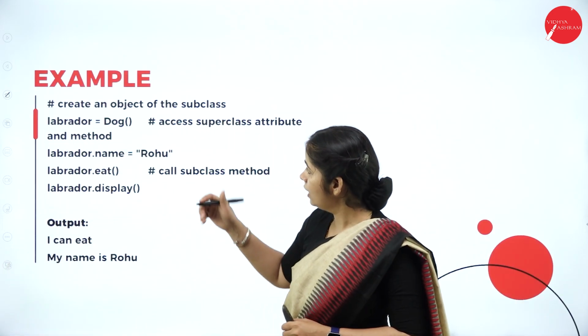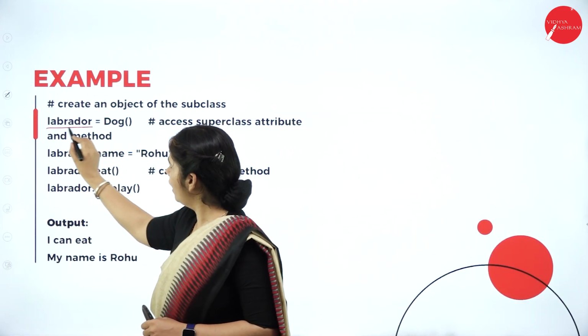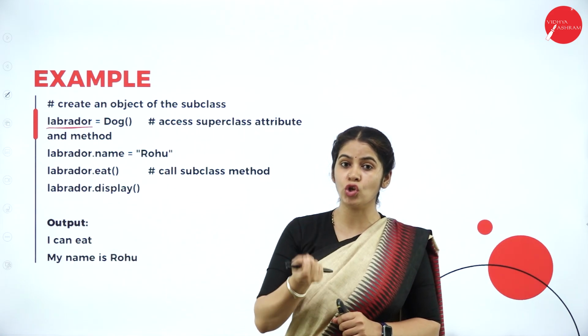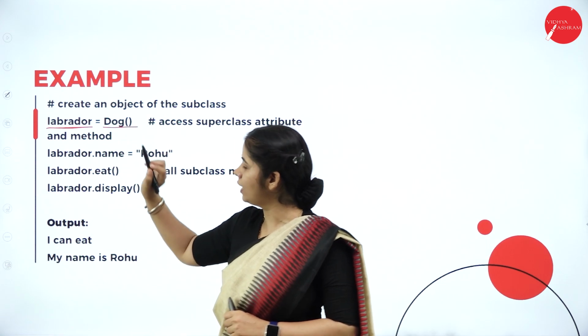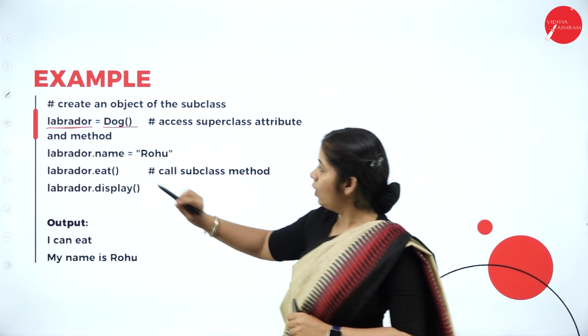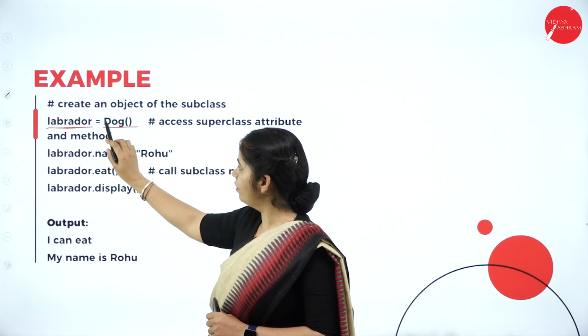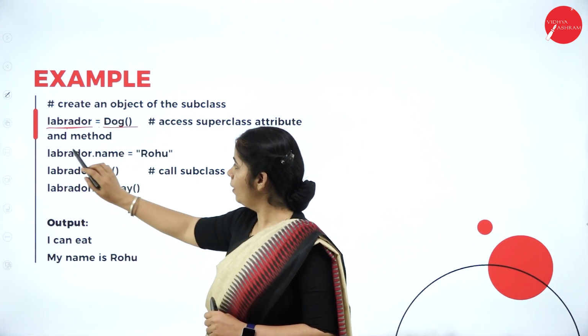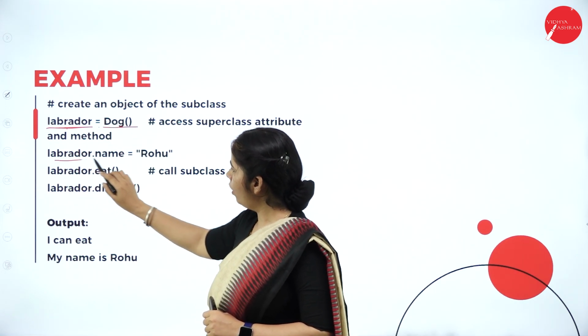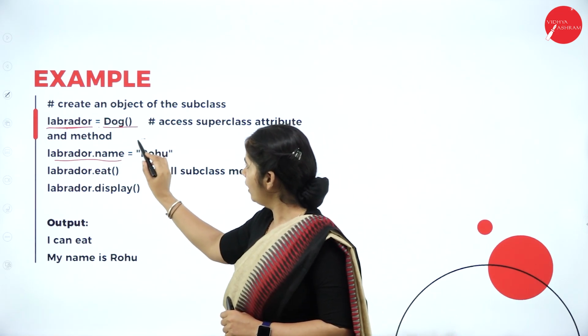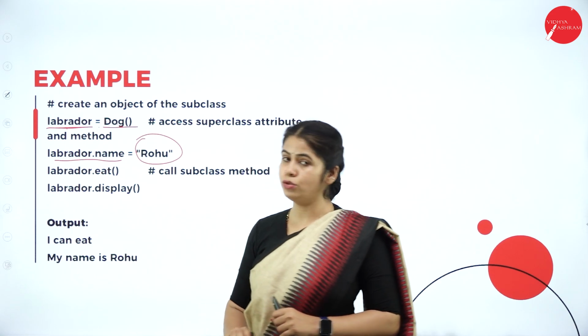Let us see creating an object here. We have created one object. That object belongs to which class? To the child class. What is the name of the child class? That is dog. Right. Labrador is equal to dog; we are creating the object of the class dog. And Labrador dot name. Name is an attribute of the parent class. So I'm giving the value as Rohu.